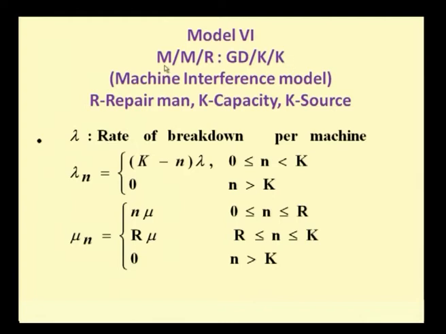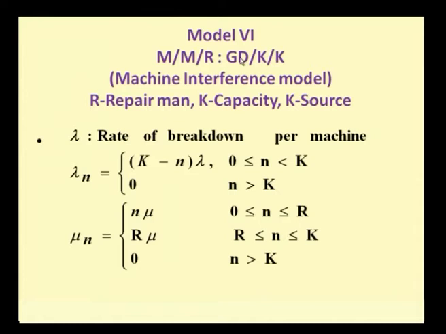Arrivals are Markovian, the departures are Markovian, namely the service time is exponential, that is the second index, and the third index speaks about the number of servers in the system. Totally there are capital R number of servers in the system, and the queuing discipline is general.